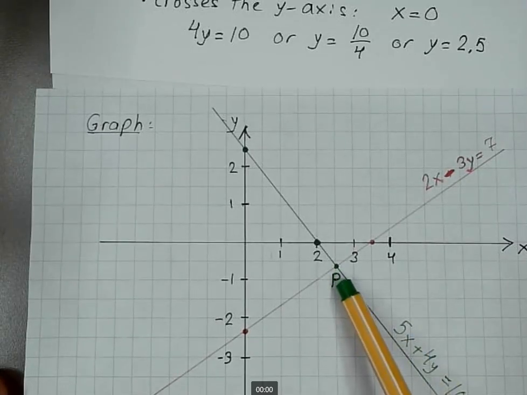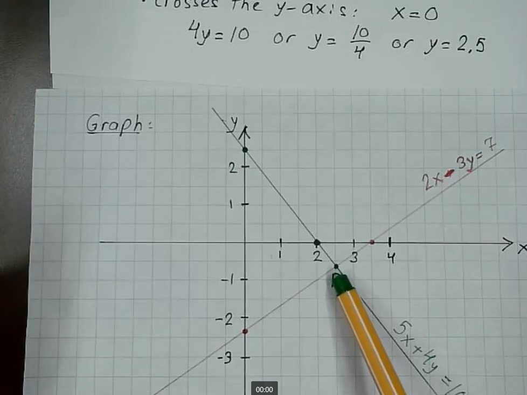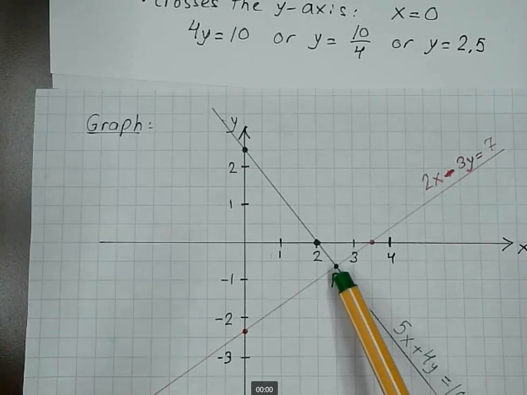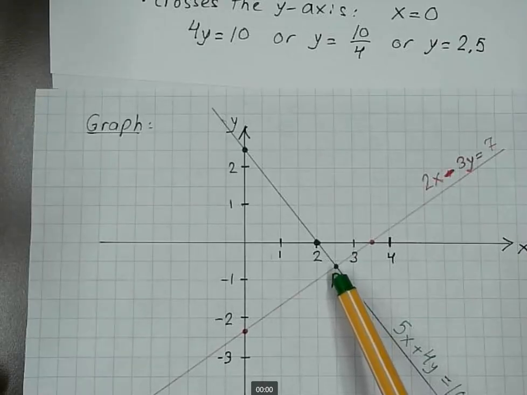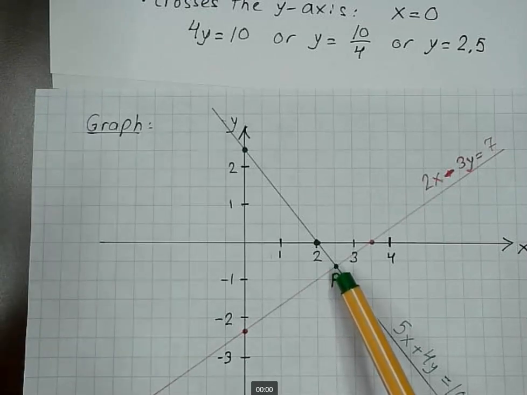This x coordinate is, in my picture, approximately 2.5, maybe a little bit more, not necessarily 2.6, but I think between 2.5 and 2.6.